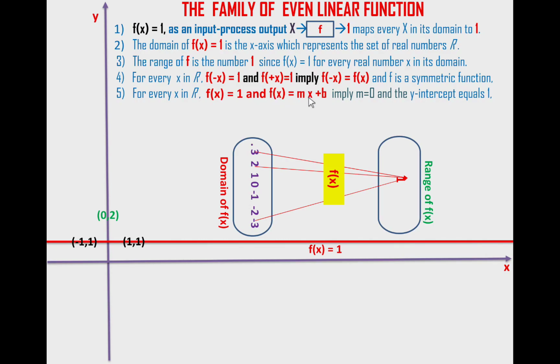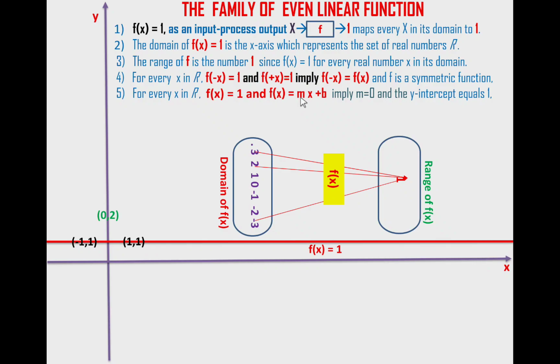If we compare these two, we will see that on the right hand side, changes in x will change the value of the function. But on the left hand side, f of x is constant. Changes in x will not change it. So for this general formula to apply to f of x equal to 1, m must be equal to 0.